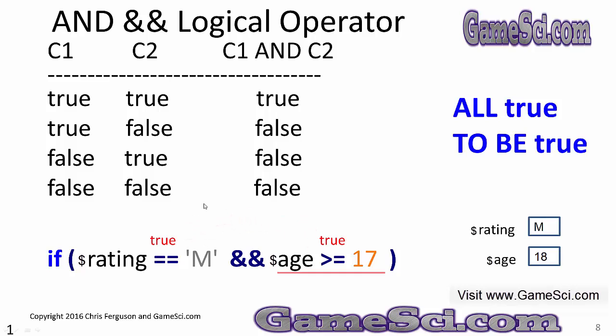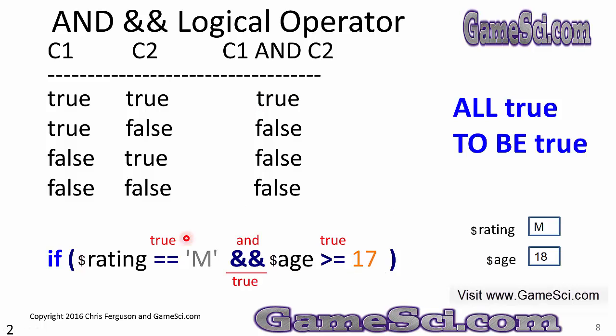Well, that's interesting. The way I remember the AND logical operator is it's all true to be true. You can see here in the truth table, when both of my inputs to the AND logical operator are true, when I AND them together, I get a result of true. So when both inputs are true, I expect the AND to return a true value.